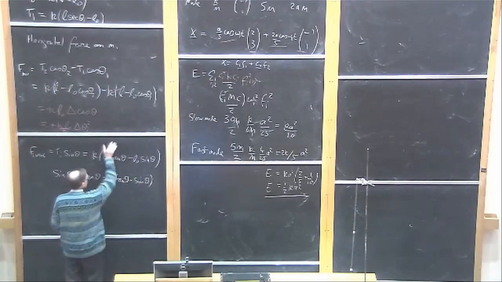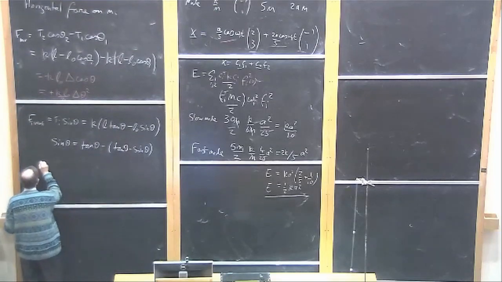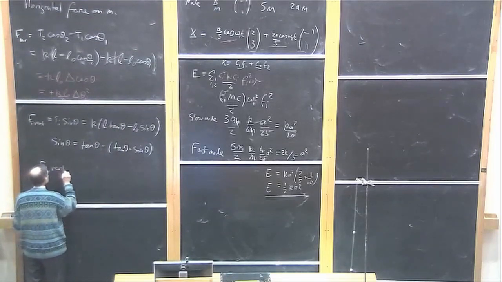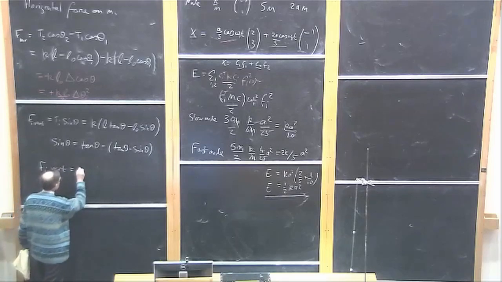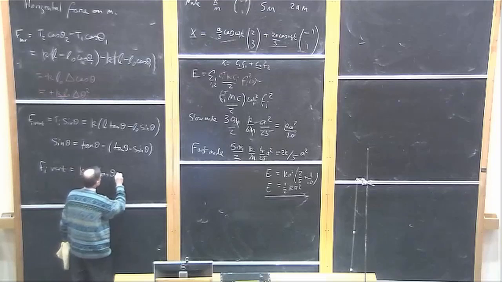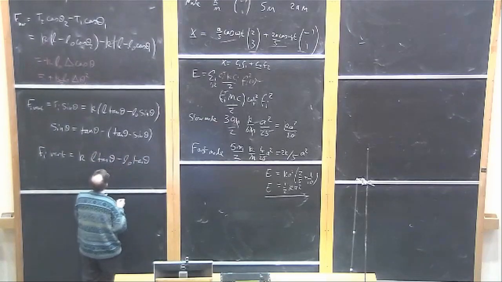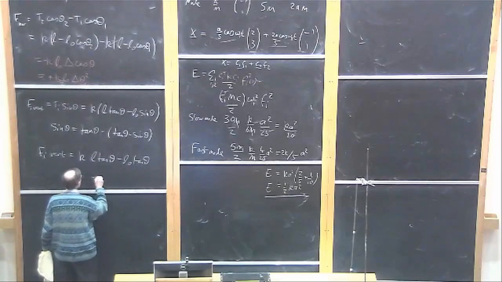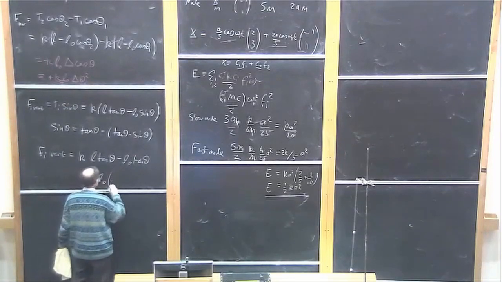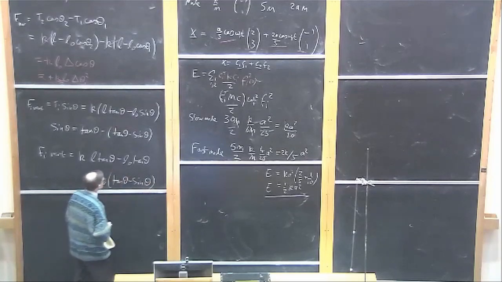Okay? And so F vertical is K L tan theta minus L naught tan theta plus L naught tan theta minus sine theta.